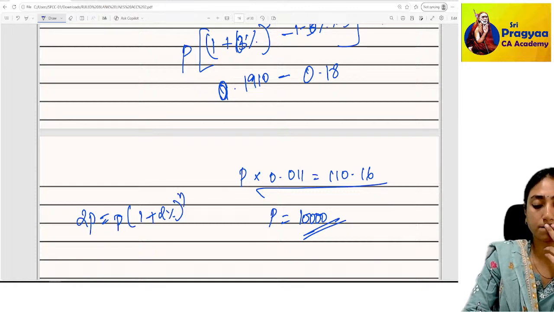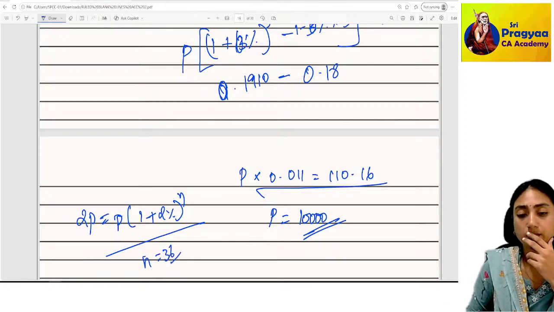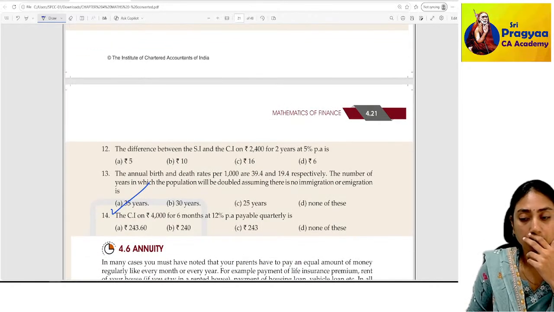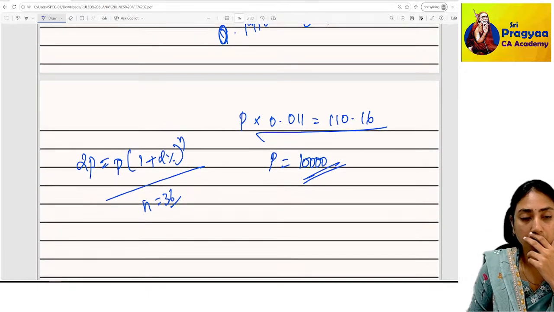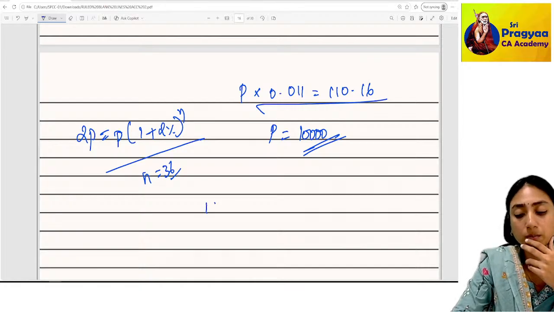Okay. So another 36. Does n come to 36? 1.99, 2.03. 1.99 is 35. 2.03 something is 36. I don't understand. 1.99 is for 35.